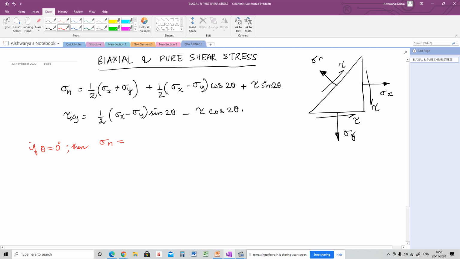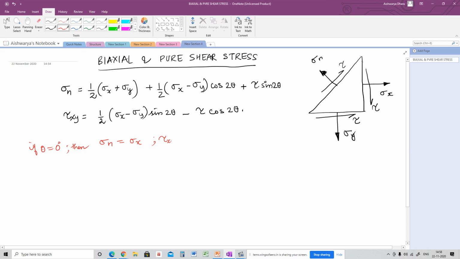What happened to the sigma y? It will cancel, ma'am. How will it be cancelled? Ma'am, it's cos 2 into 0. Cos 0 is 1, and then we'll be having the remaining. So sigma x is the answer.